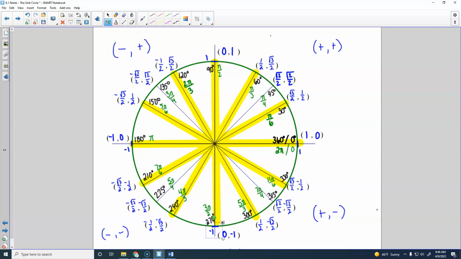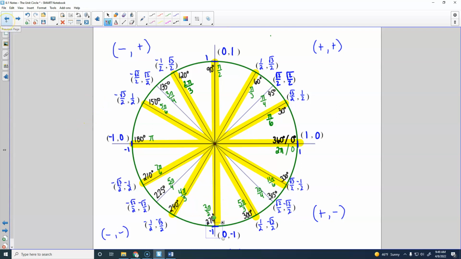But I wanted to go through the process of filling it in with you so you understood where pieces come from, or at least hopefully a little bit, to know that you do need to have it memorized, but it's not so much just memorizing without any reason whatsoever. Because if you just try to memorize, there's like 64 numbers on here that you have to memorize, and it's a lot to remember in each place. But use your symmetry, use what you know about angles to help you fill that in.